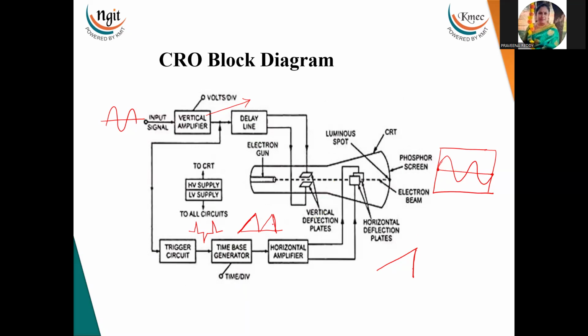This sawtooth waveform is not applied directly to the horizontal deflecting plates, because the signal strength is not sufficient to deflect the plates. So that's why it is applied to the horizontal amplifier to amplify the signal, or increase the signal strength. And after that, the signal is applied to the horizontal deflecting plates.